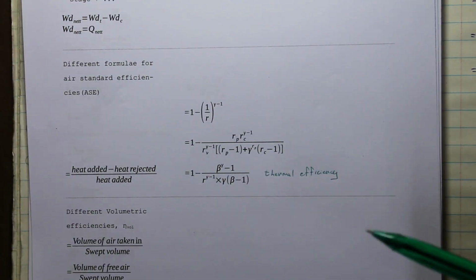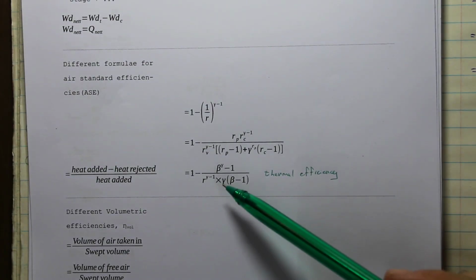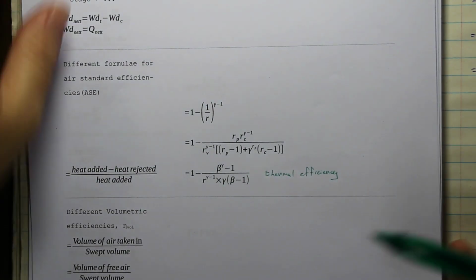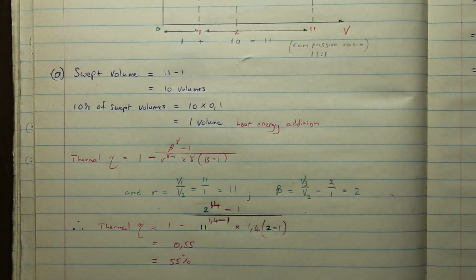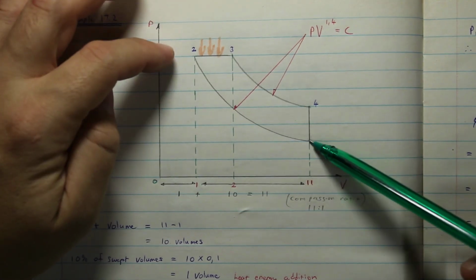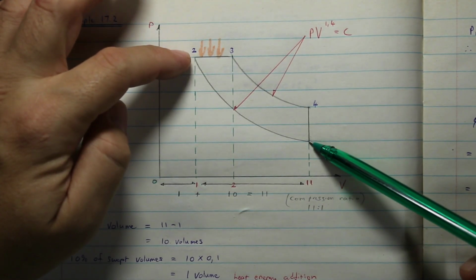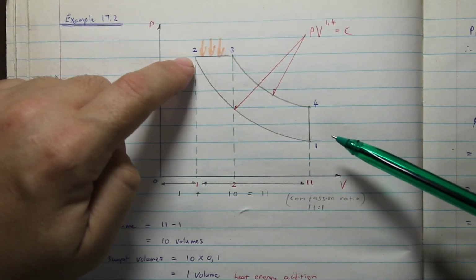We know what gamma is, but we have to know what beta and what R equals. I've written down the formula from the formula sheet, and R is the compression ratio between 0.1 and 0.2. That's the compression stroke, so that is V1 over V2.